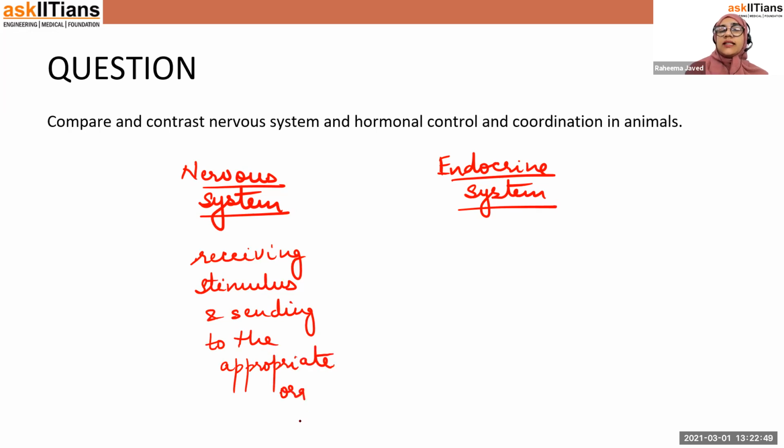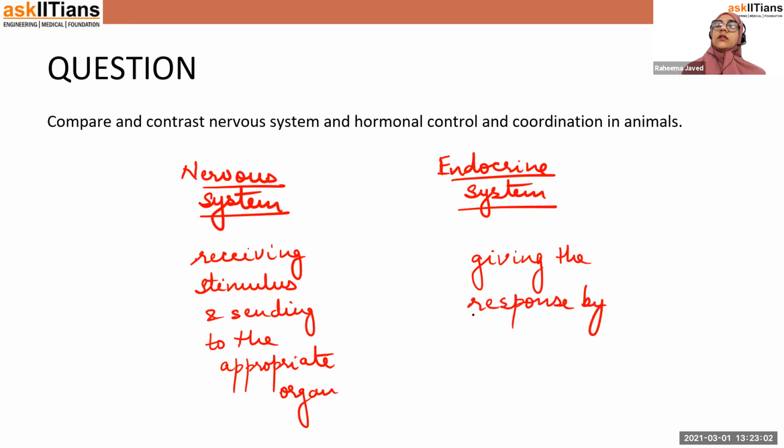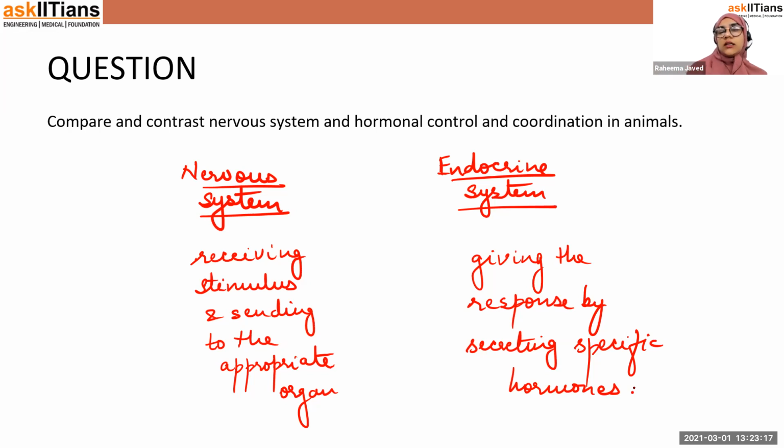That is the work of the nervous system. But what is the work of the endocrine system? It is giving the response by secreting specific hormones. So without the nervous system, the stimulus cannot be received, and without the endocrine system, the response cannot be given. This is how nervous and hormonal control and coordination takes place in animals.